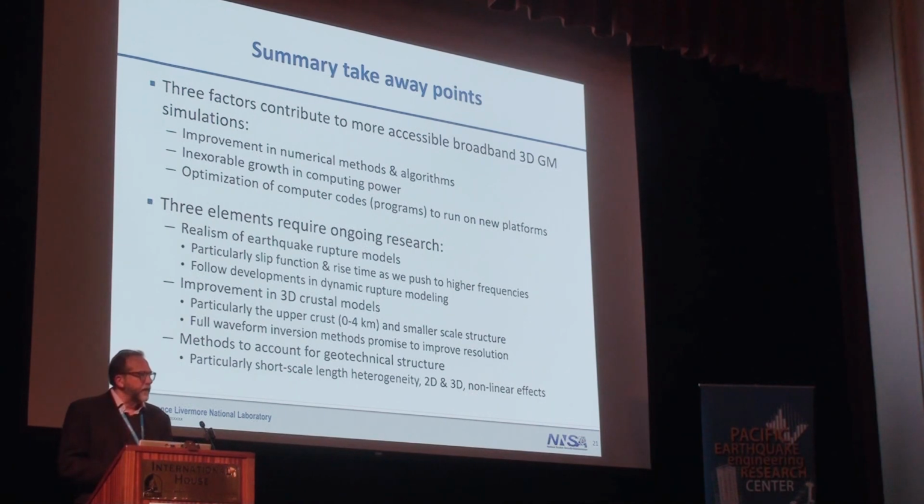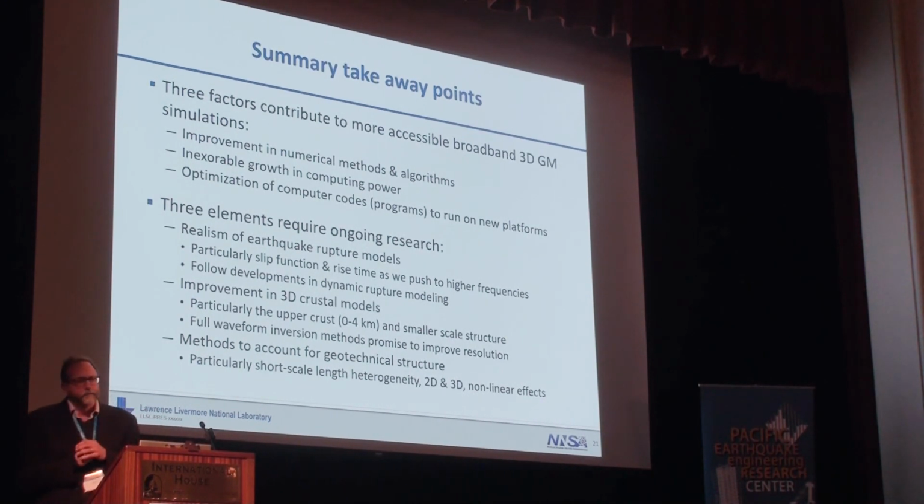That is the rupture models: make sure we understand the slip functions and rise times, and as we push to higher frequencies, follow the developments in rupture dynamics, and make sure our rupture models are realistic. We need to improve 3D crustal structure. And there are methods to account for geotechnical structure. And I'll stop there. Thank you.